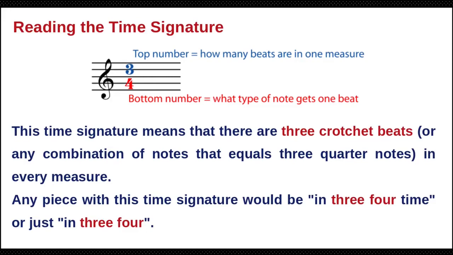Just make sure that the summation of all those notes would produce 3 quarter note beats, or 3 crotchet beats, in every measure. That's the idea of time signature. So any piece of music with this time signature will be in 3/4 time or just 3/4.